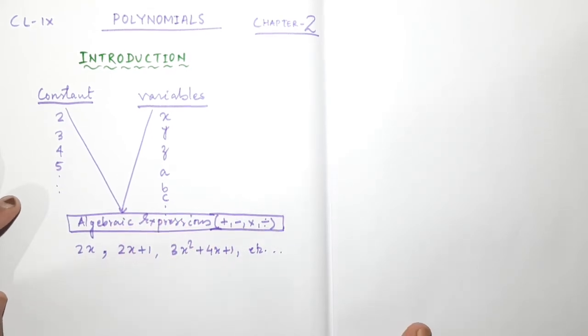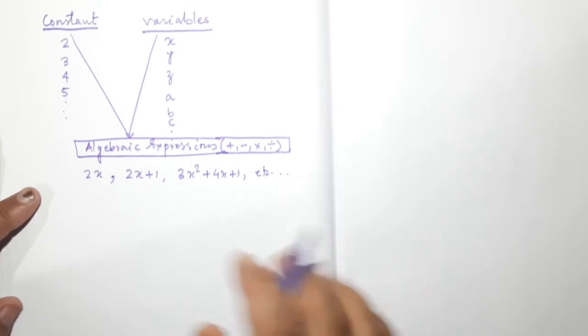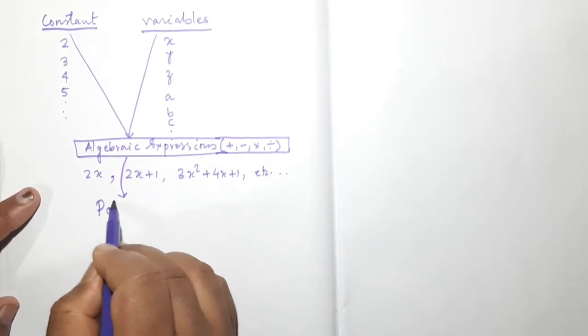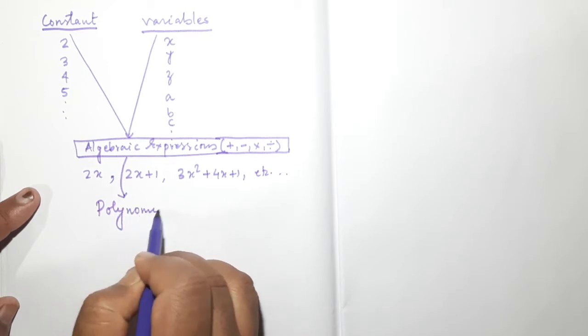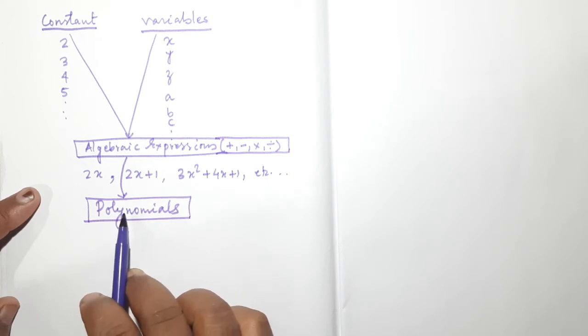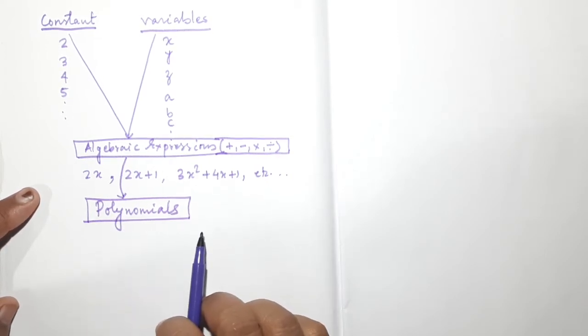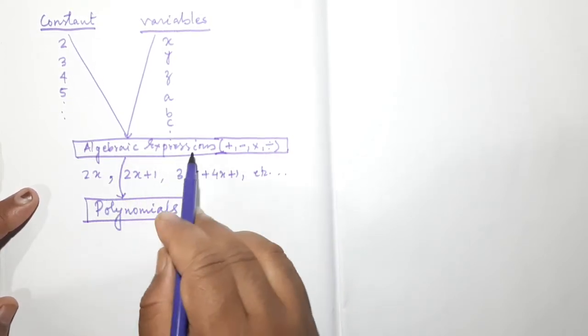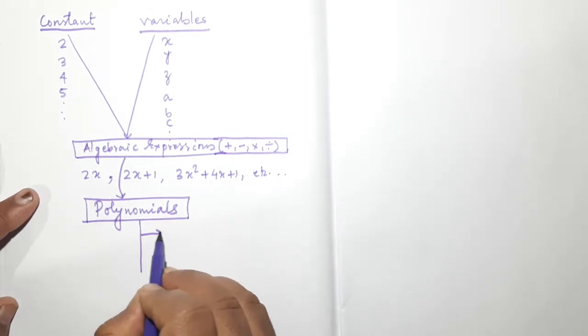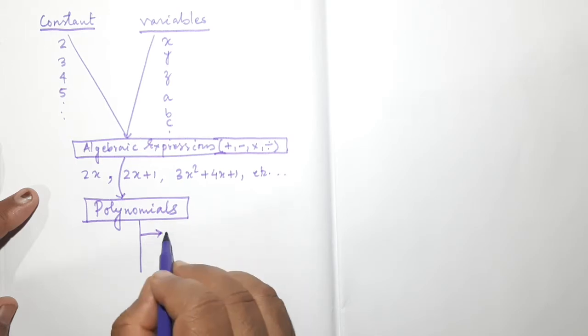Next, in this chapter we will learn about a kind of algebraic expression called polynomials, which is very similar to algebraic expressions. In a polynomial, there are a few things you have to remember.